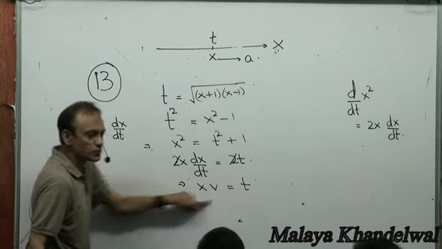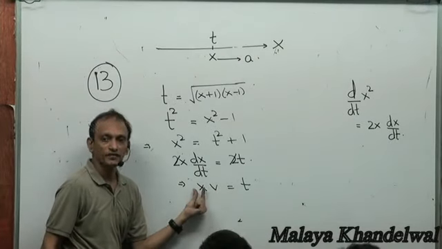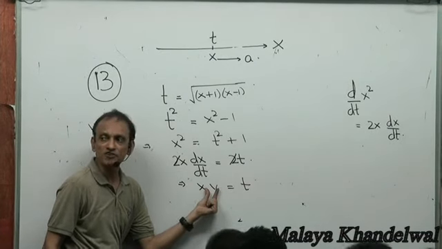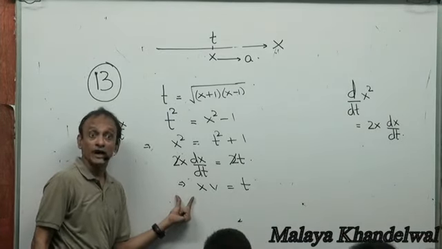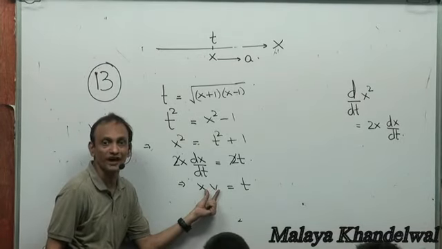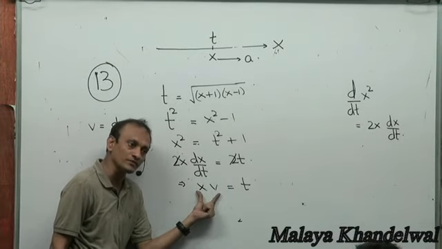Let me differentiate this one more time. What is the derivative of the product of two functions? Derivative of first function into second function plus derivative of second function into first function. I am seeking acceleration, so I am seeking to find dv/dt effectively. So let me differentiate both sides with respect to time one more time.